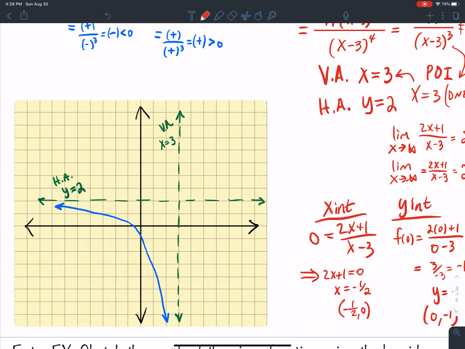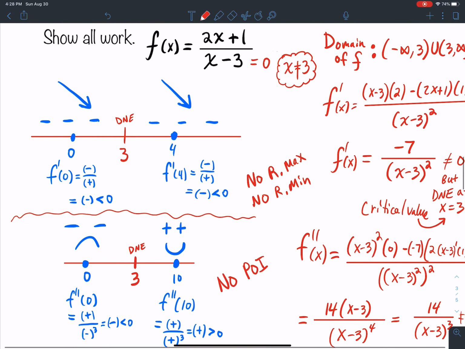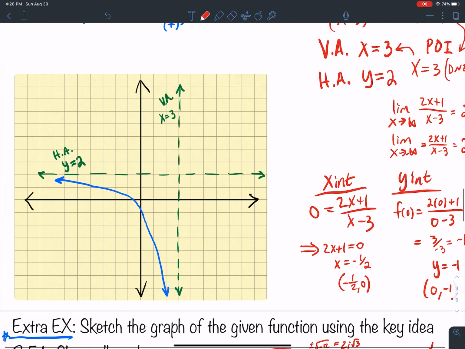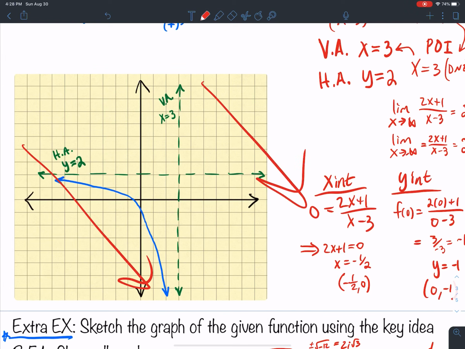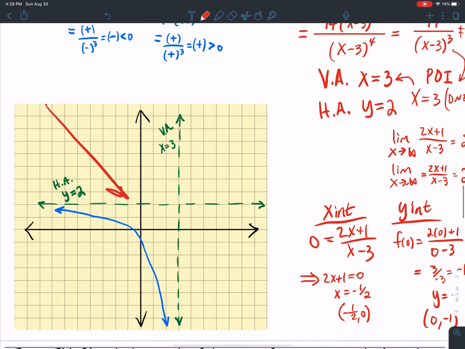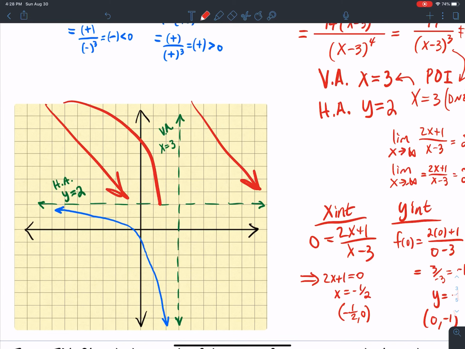And so you kind of know, look, we're decreasing everywhere, right? So I know that I'm going to be going down. What changes is the concavity. Not only are we decreasing this way, but we're concave down over here. And not only are we decreasing this way, but we're concave up over there.